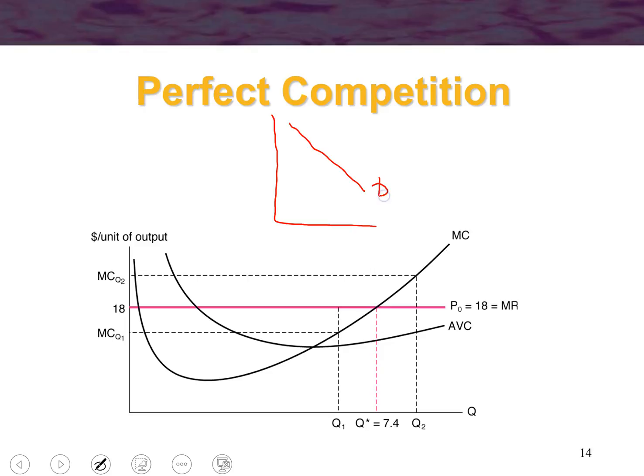That's a demand curve. This is price and this is quantity. If we wanted to make these customers more sensitive to change of price, I would make this curve a little bit flatter, and that shows you that consumers are more sensitive to change of price. So as the curve gets flatter and flatter, they become more and more sensitive.